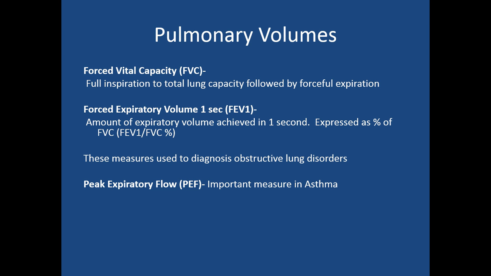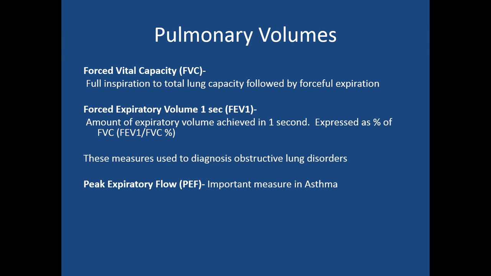So what we do is we have somebody basically take a full inspiration to total lung capacity and force all the air out, blow out into a machine, and time it. We compare how much air comes out over 1 second to the total amount that comes out, and that's called your FEV1, forced expiratory volume over 1 second.